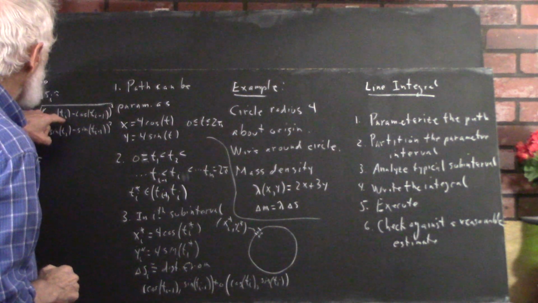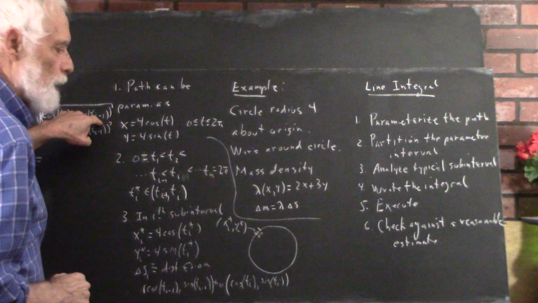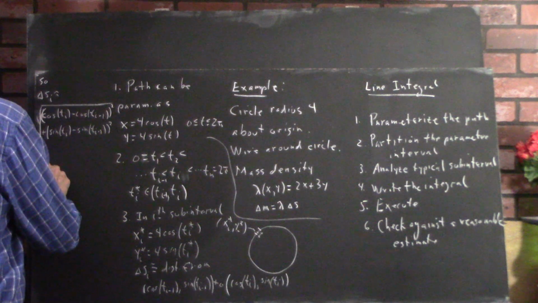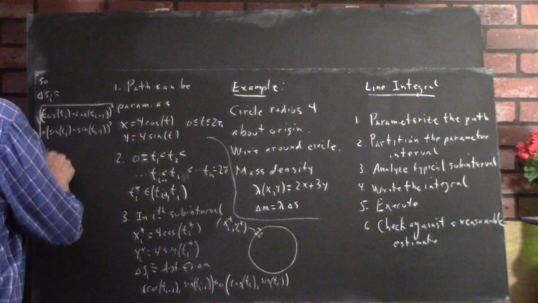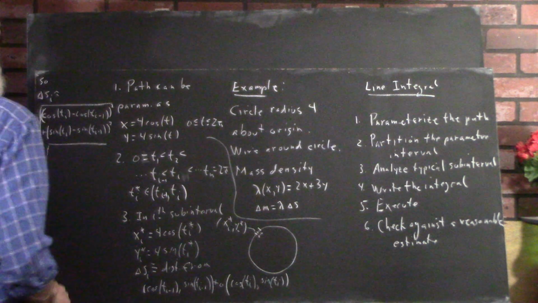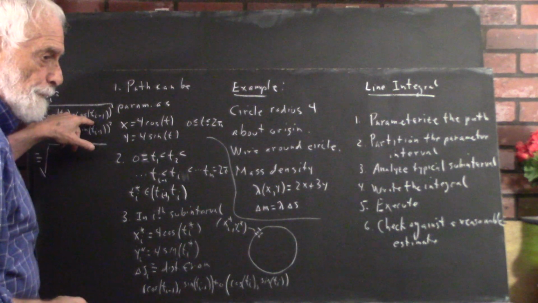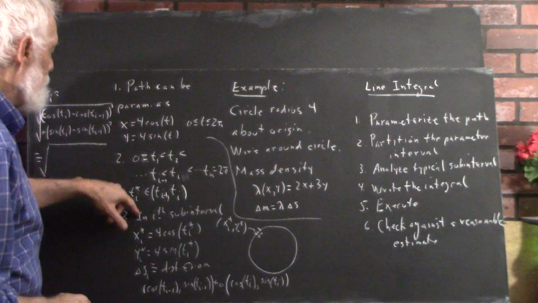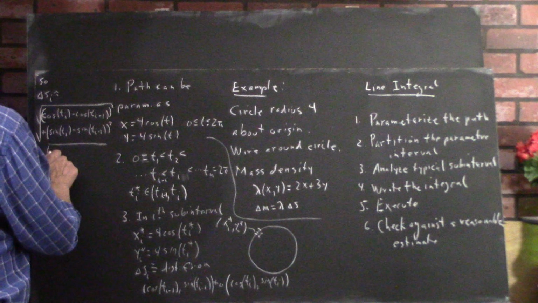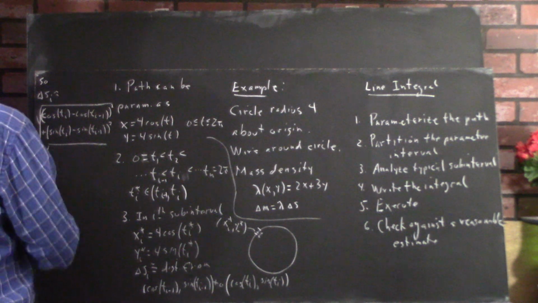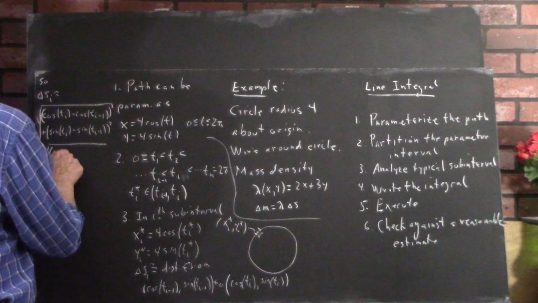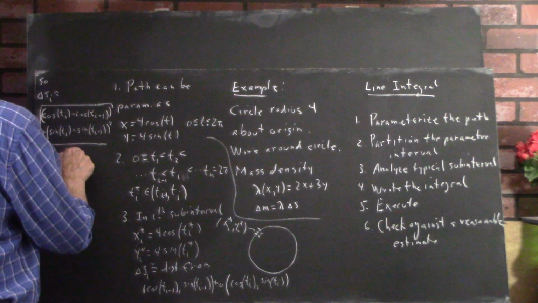Now, the cosine of t_i minus the cosine of t_{i-1} is going to be approximately equal to the derivative of the cosine multiplied by delta t. So this is approximately the cosine of t_i.